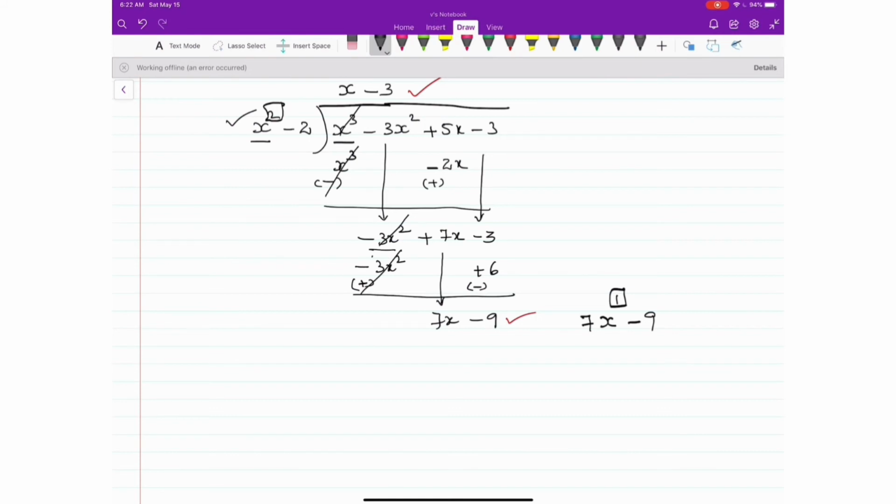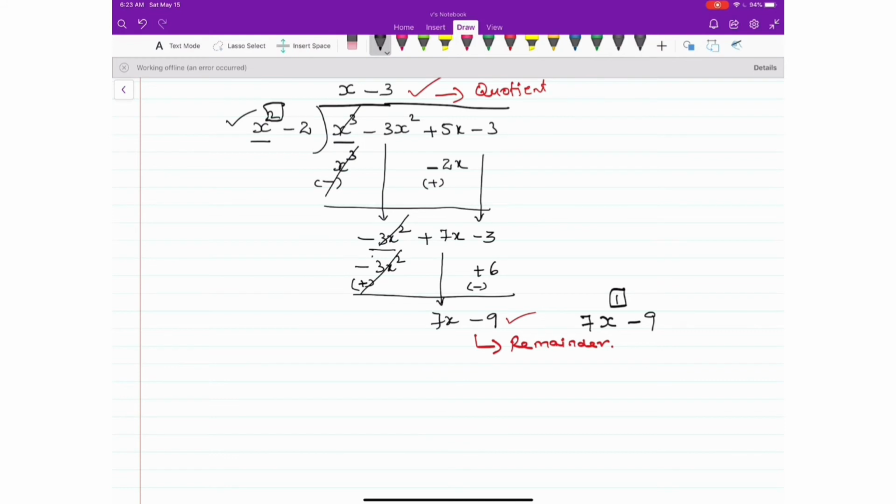So, here you know that this is going to be the quotient and this will be the remainder. The question is you have to find the quotient and remainder by dividing the given polynomial p of x by g of x. That is what we have done over here.